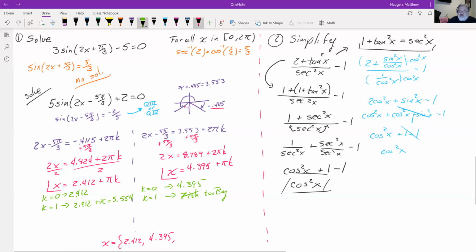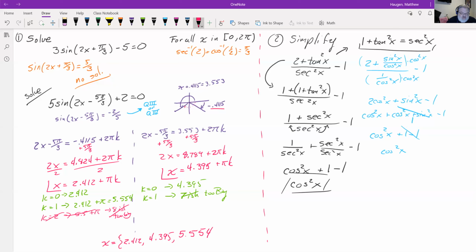So that's going to be another solution, because that's less than 6 1/4, or 2 pi. If we went to k equals 2, that would be 5.5 plus pi, which would be somewhere in the 8s. So 8-ish, which is too big. So no.